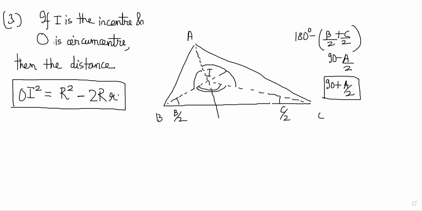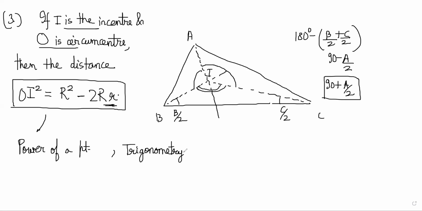So this tells us the distance between the incenter and the circumcenter, and OI square comes out as capital R square minus 2 capital R small r. So this is the circumradius and inradius product, right? Now this can be done in two ways: the power of a point theorem, and also by simple trigonometry. You should try these proofs yourself too.